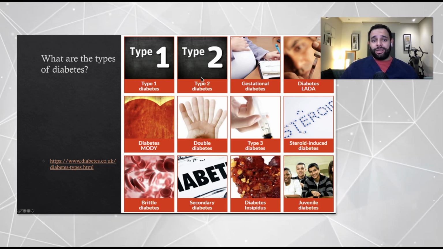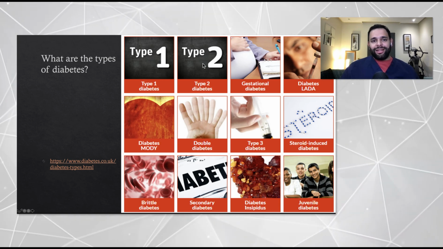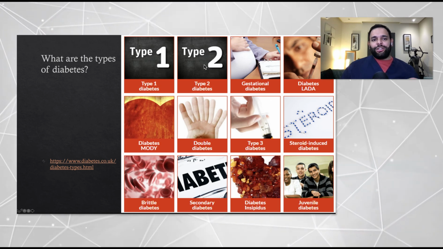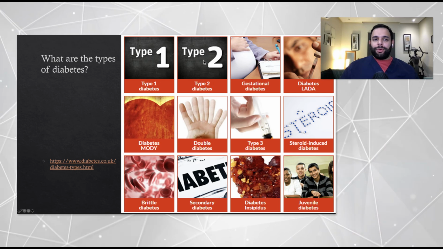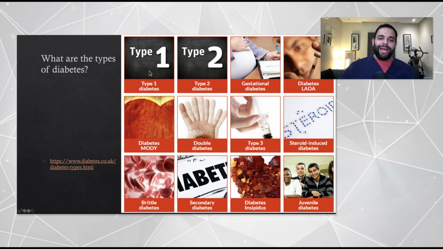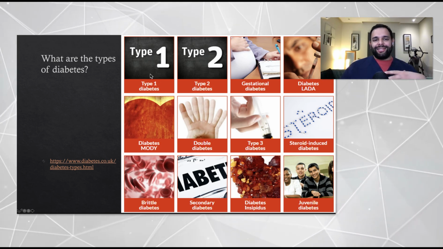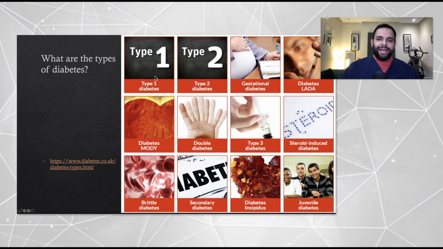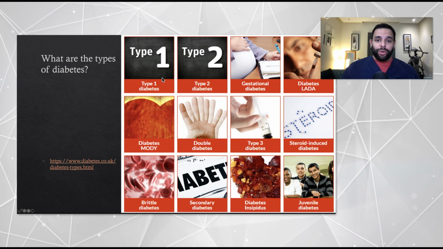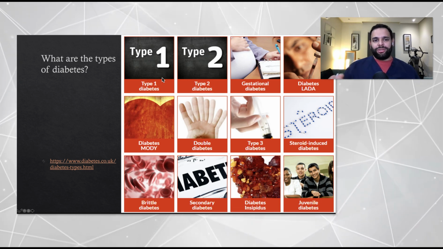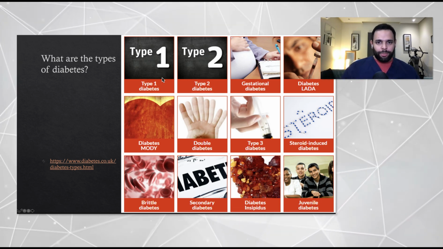Type 1, no action; type 2, there's a lot of insulin, but there's no action because it does not work. That is important because the type 1s will probably have lower resistance to insulin, whereas the type 2s are going to have higher resistance. So that will also make a difference in your dosing when you're treating the patient. You see how having that in mind is also important?